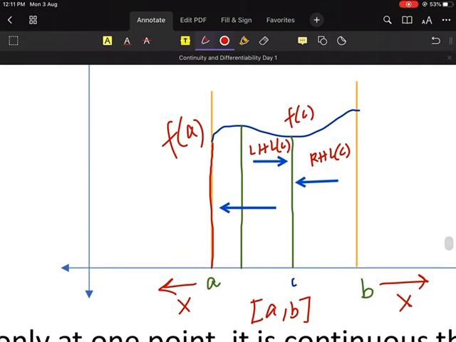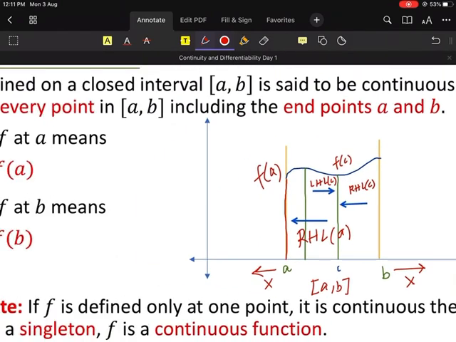So then how can I check whether the function is continuous or not? Because in order to check a function to be continuous, I need the left hand limit, the right hand limit, and the value of the function at the point A, right?